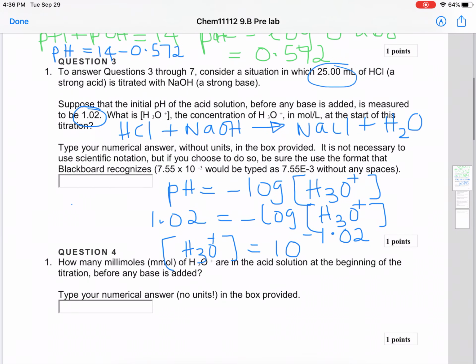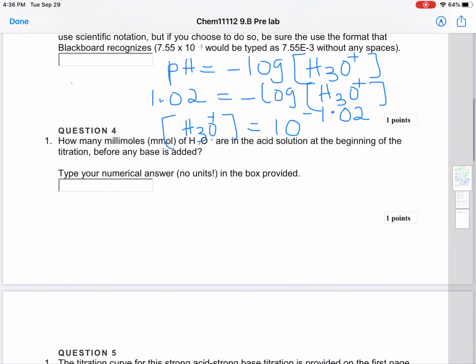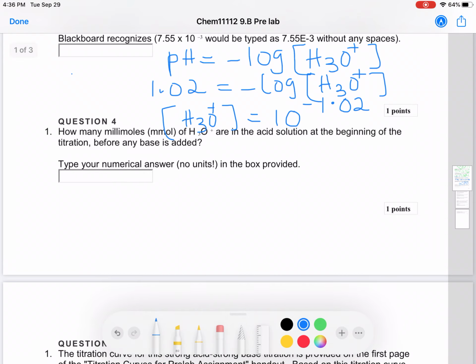And the volume is 25 milliliters from question 1. So you know the volume and the concentration, which is molarity. Can you find the moles now and then convert to millimoles? Yes, you can. I'll go ahead and do it here, but you don't have to follow my calculations. You can do your own.